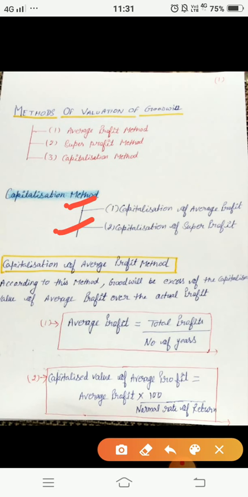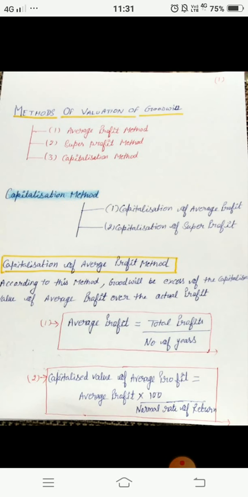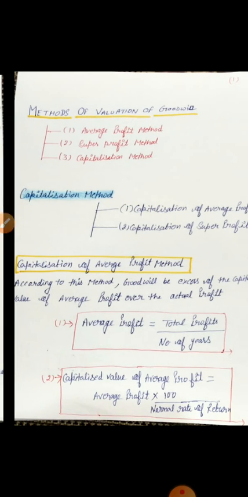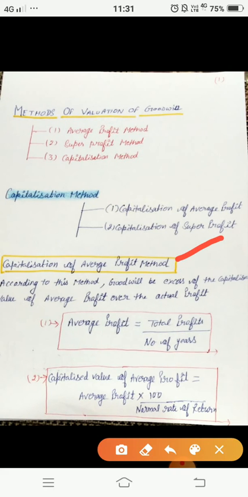Means we will calculate the value of goodwill by using either capitalization of average profit method or capitalization of super profit method. Okay, dear students, now we can see that the first point is capitalization of average profit method.